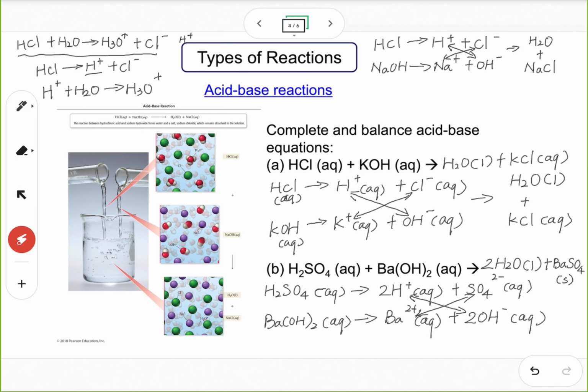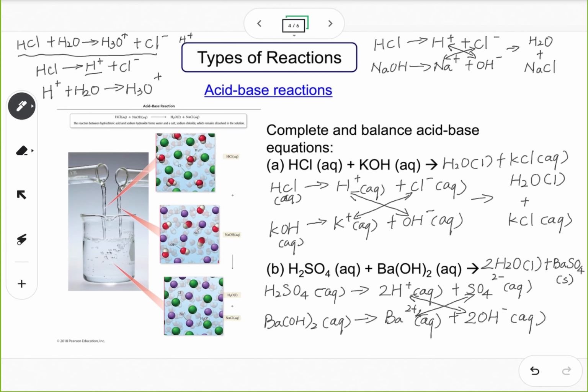Now let's make a quick summary. As you notice, all of those reactions involving acid and base share something in common: water is always one of the products. The other product would be the salt between the metal cation and non-metal anion.